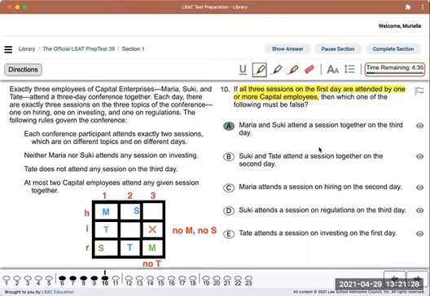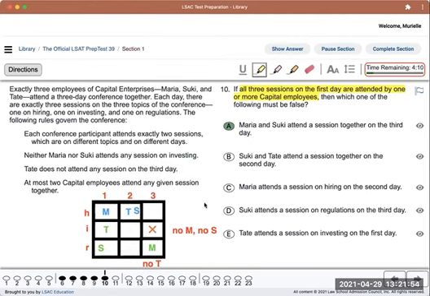S and T being together on the 2nd day is not a problem. So S can't move down here in this scenario, but we totally have T up there. That would be fine. Maria attends a session on hiring on the 2nd day. That would be okay. We would just have to switch, right? We can always switch M and S here, and we could make that work.